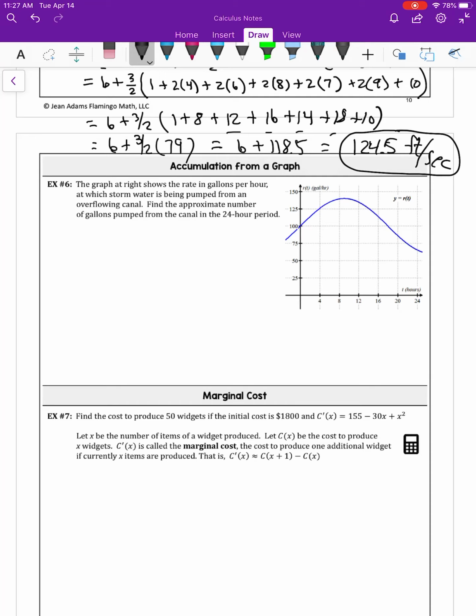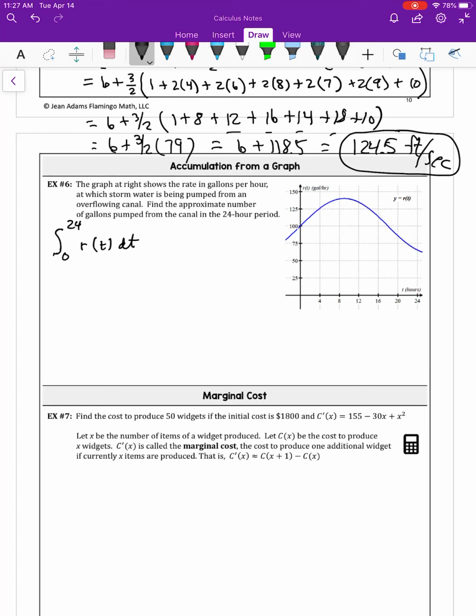Example number 6. The graph at the right shows the rate in gallons per hour at which stormwater is being pumped from an overflowing canal. Find the approximate number of gallons pumped from the canal in the 24-hour period. And it says the approximate number.